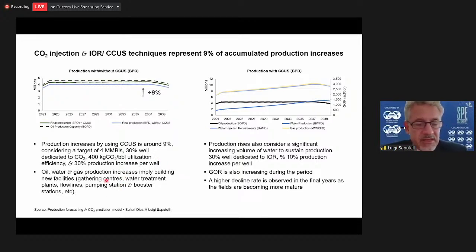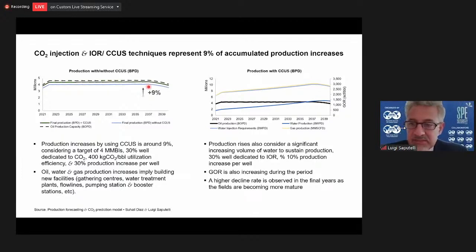As I say, this is quite a mature CO2 flooding, and you can consider this number will also vary across the life of the field. If you do that, you will increase production 9% throughout the life of the field by affecting 30% of the wells.